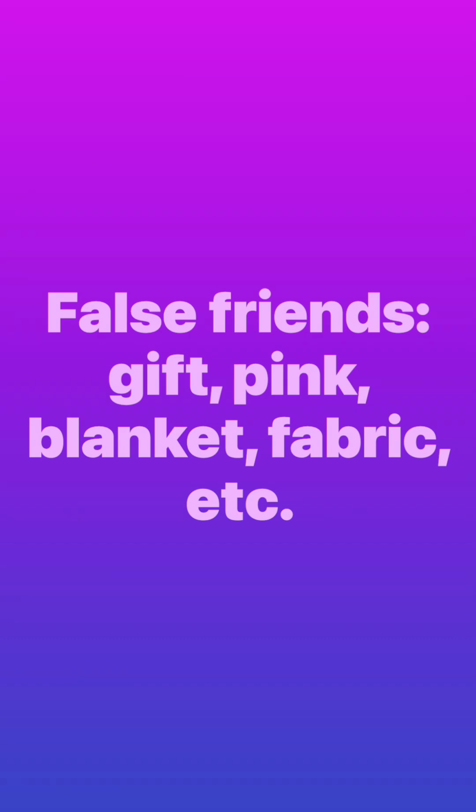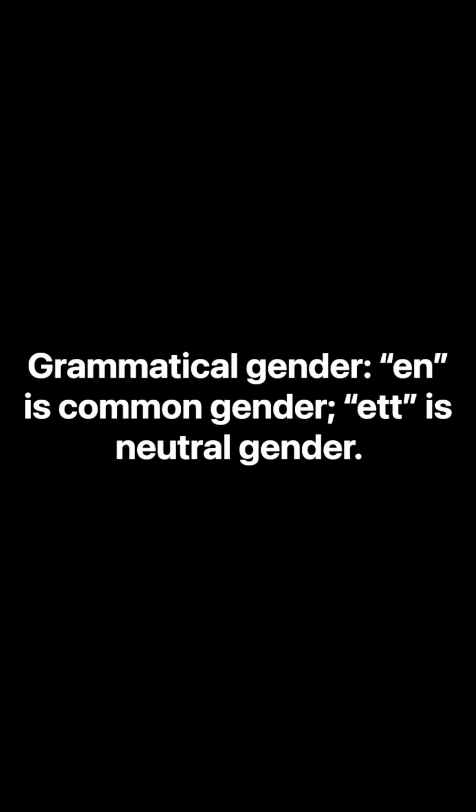But blanket means filt. It's something you cover yourself with. So they have very different meanings. Fabric in English means tyg. But fabrik in Swedish means factory. So fabric and fabrik mean very, very different things. And that's why they are false friends, because they look so similar, but they have completely different meanings.